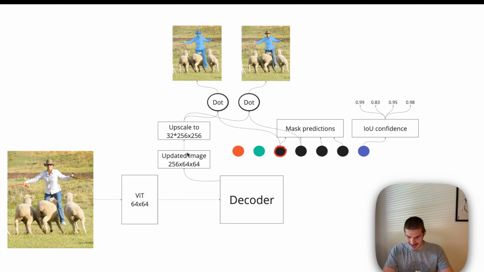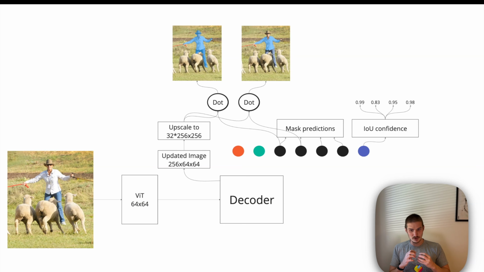So how it actually happens is we have our image representation from the decoder, we upscale it a little bit, so we upscale 64 by 64 up to 256 by 256, so we basically enlarge the picture. And to compute the dot product here, we need to downscale this embedding dimension, 256 down to 32. And then we compute the dot product between every pixel and this query token.